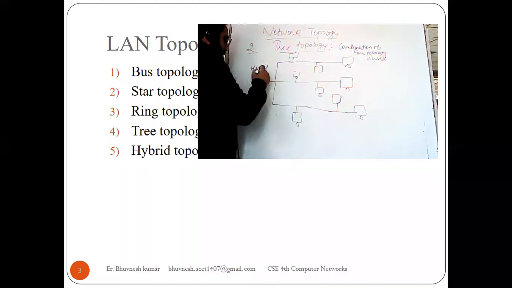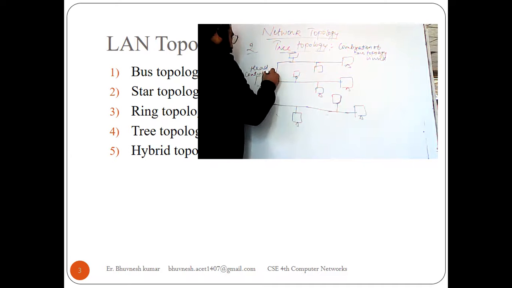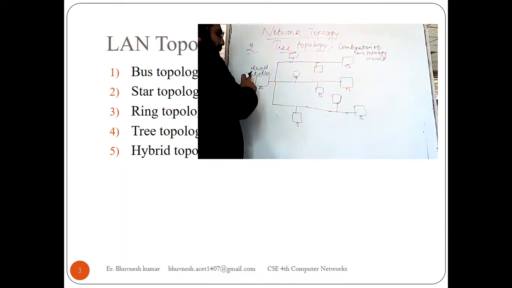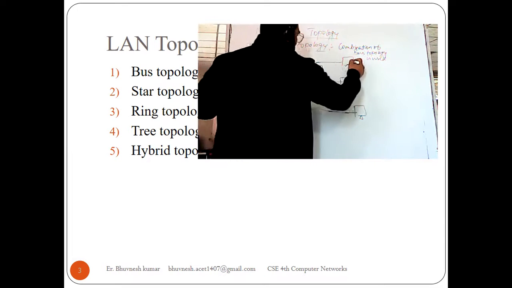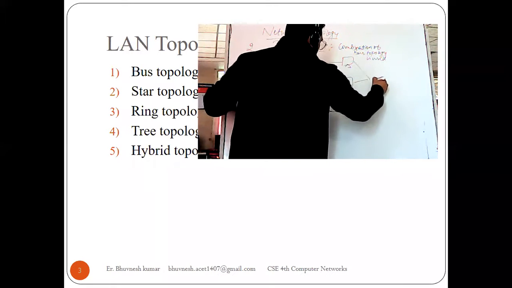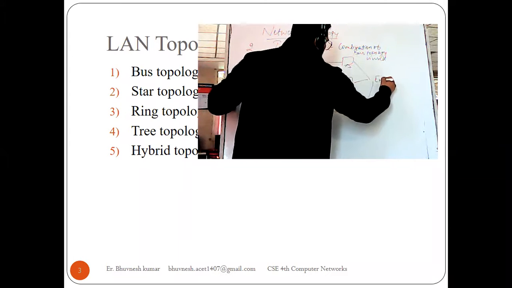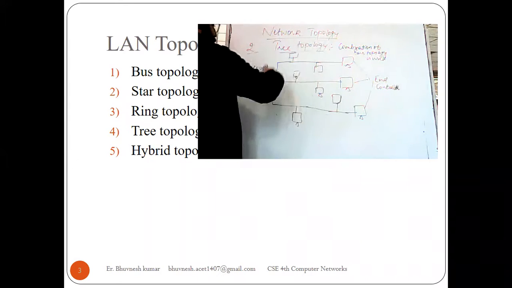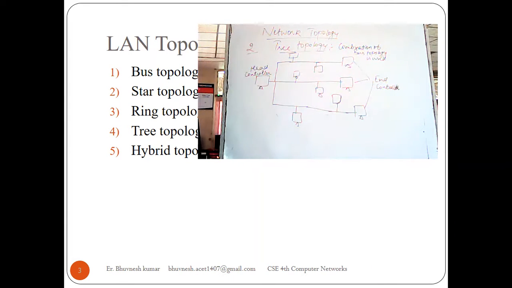Okay, and further, the first PC works as a head controller. The first PC with which the remaining computers are connected is known as the head controller. And the remaining ones at the end are the end controllers, who will control each and every communication between these systems.